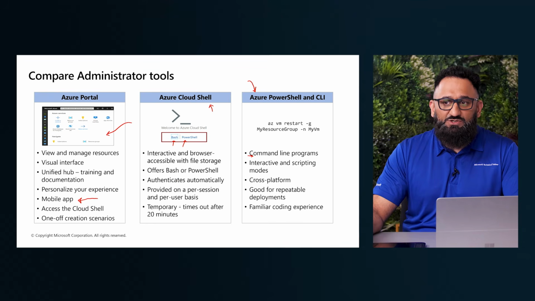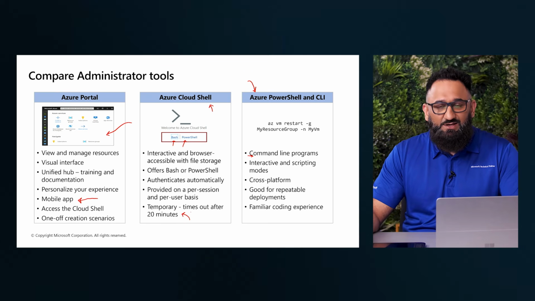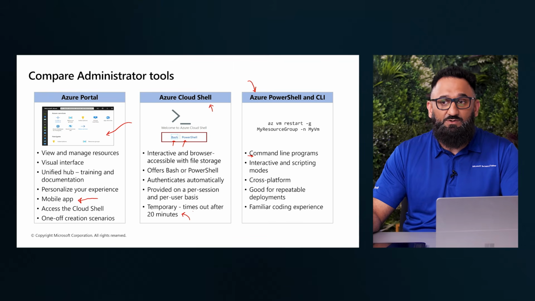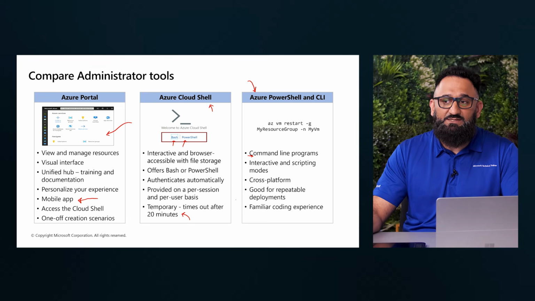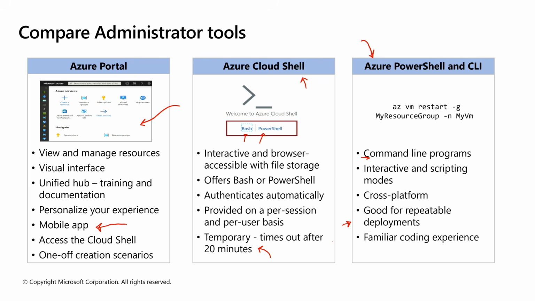Bearing in mind, there are some limitations for the Cloud Shell. Typically, the Cloud Shell is only going to be active for 20 minutes. So if the tasks that you're running in your Cloud Shell environment require longer time to either complete a script or perform a task, then it's recommended that you use PowerShell or a command line solution directly rather than running them in Cloud Shell.